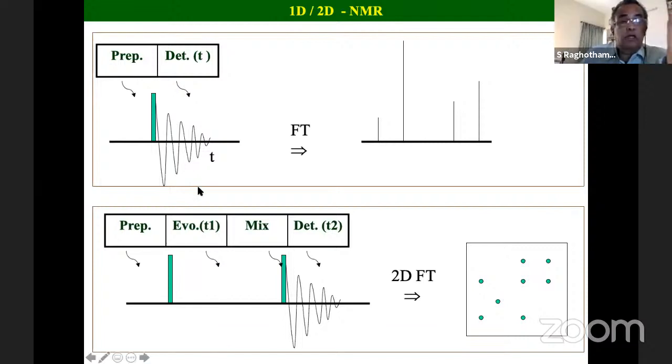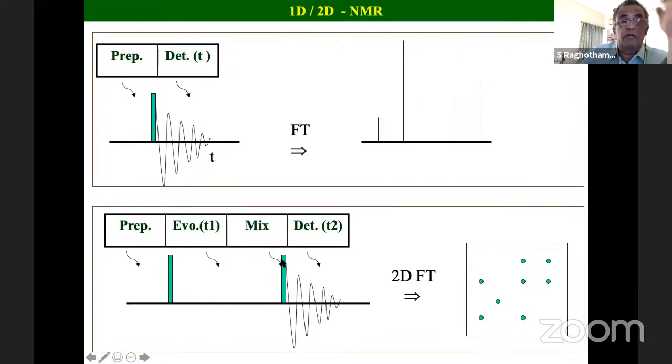Then instead of detecting, we allow it to evolve in time. That's why it's called evolution time, but there is no detection here. Once the evolution is done, we have what is known as a mixing period. This determines what kind of experiment we do, whether a correlated experiment, a COSY, a NOESY, a TOCSY, different kinds of experiments. That decides what kind of mixing pulses we should use.